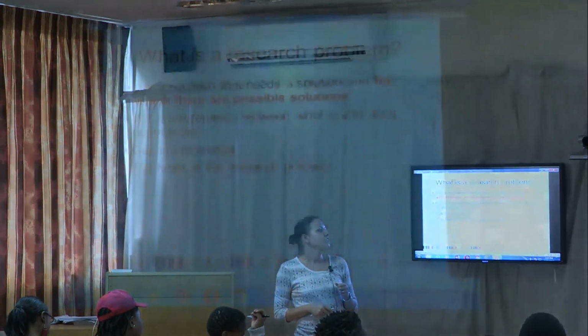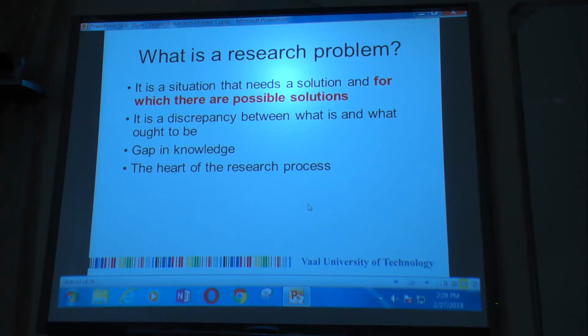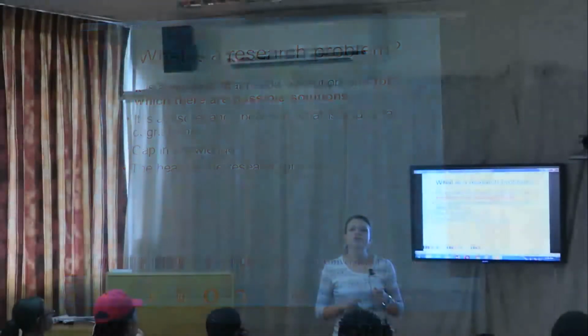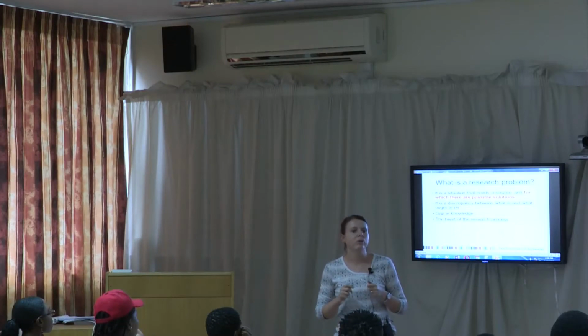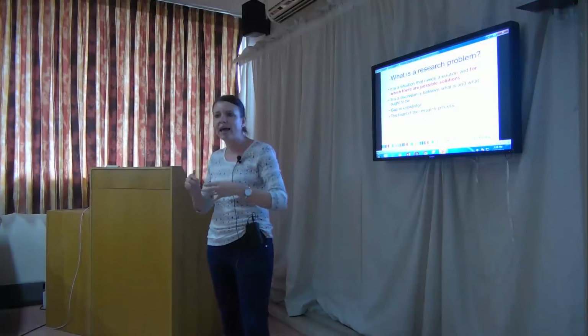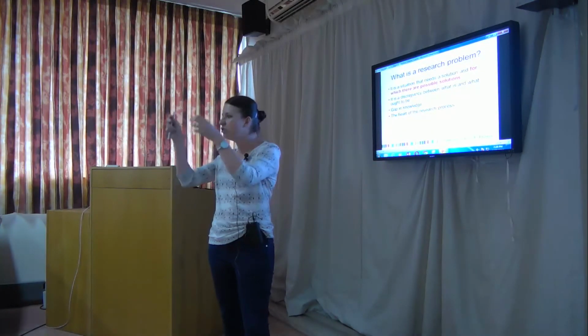Furthermore, a research problem is a discrepancy between what is and what ought to be. Okay, so in everything we have the ideal situation. We want to strive towards the ideal situation. Okay, but there can be a problem because we are not meeting our objectives or we are not at that ideal situation. That is a problem. There's a gap between what we have and between where we want to go.